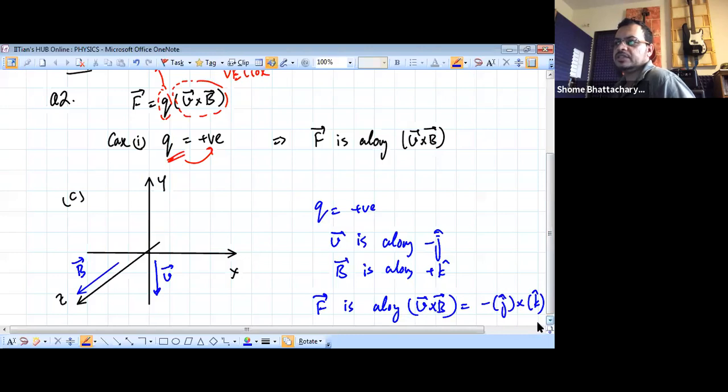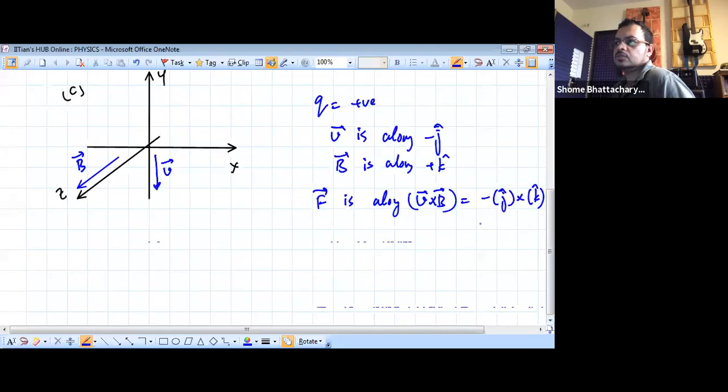Yeah. So j cross k is what? i. So minus of j cross k becomes minus i cap. So the force will become along minus i cap or negative x axis. Which you can do by right hand thumb rule also.